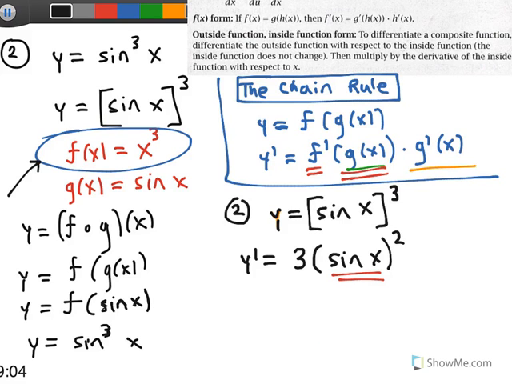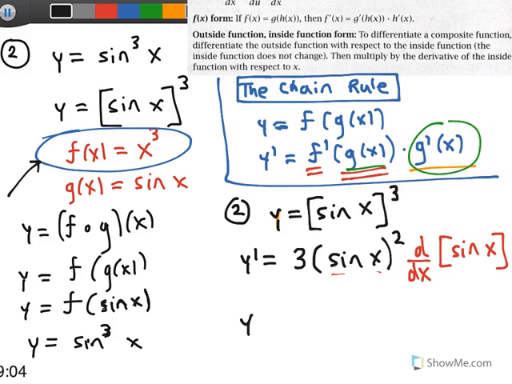So you have that, and then you multiply by the derivative of the inside function. So what is the derivative of the inside function? You have to find the derivative with respect to x of the inside function. And of course, we know that the derivative of sine x is cosine x.